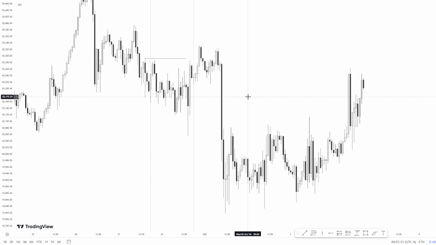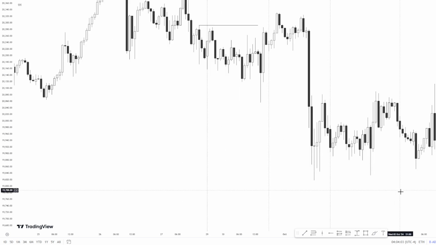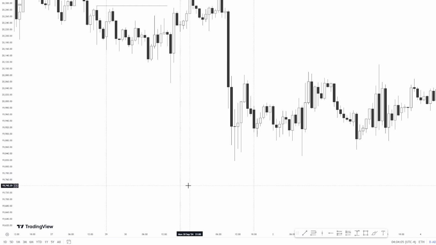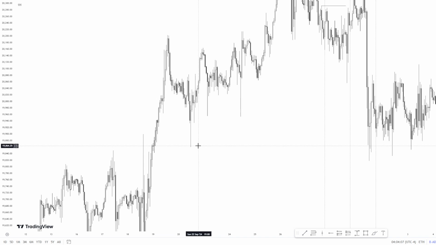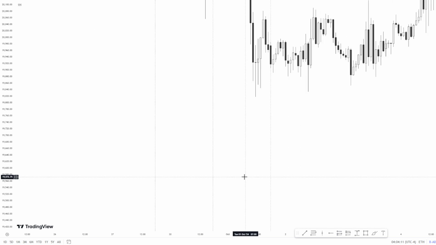So going into Wednesday, I was looking to frame continuation shots to at least target this low or these lows.